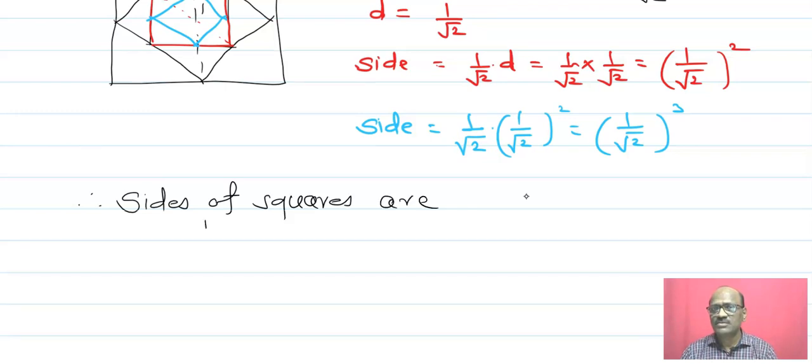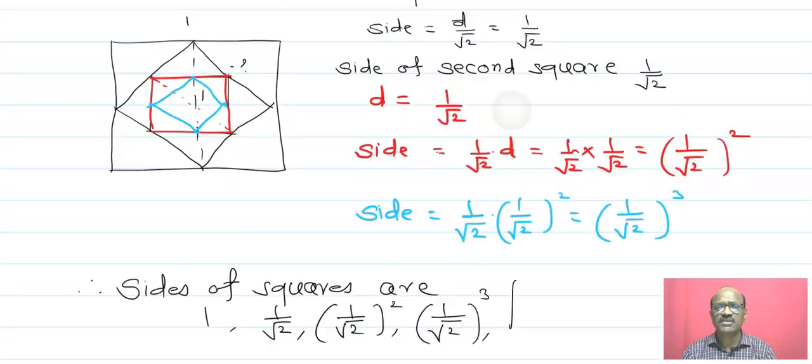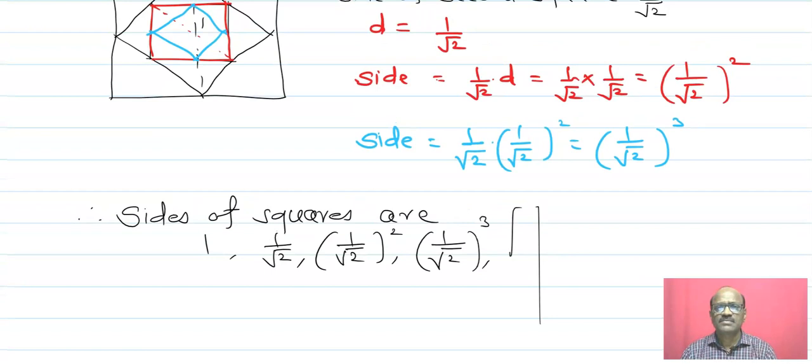Now, the sides of the squares are first is 1, second is 1 upon root 2, third is 1 upon root 2 bracket square and 1 upon root 2 bracket raised to 3. These are the sides of the squares. Now there is a problem in writing.